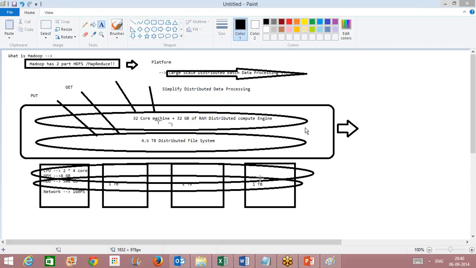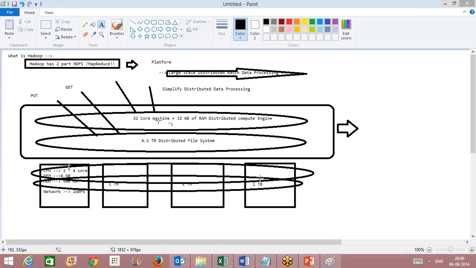Okay, so there is a question. What will happen if a job processing fails? Hadoop is so simple that it will automatically handle job failures, machine failures, and task failures. It is so resilient that it takes care of it automatically. You don't have to worry.